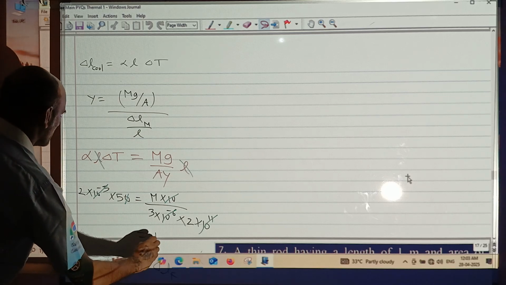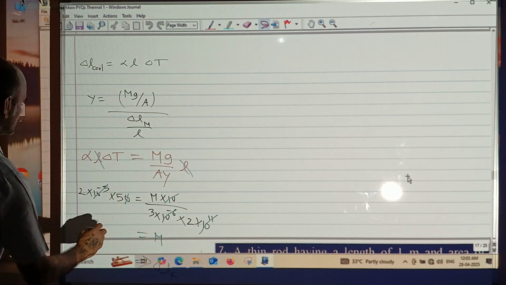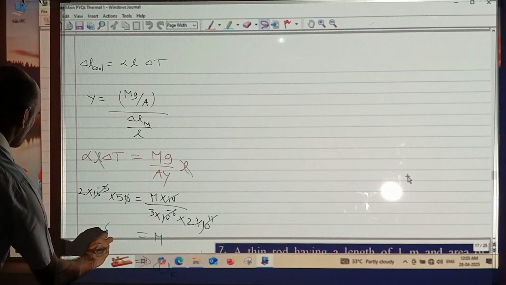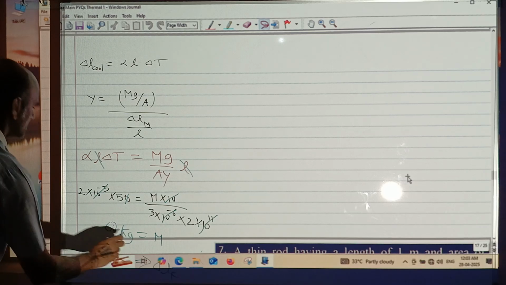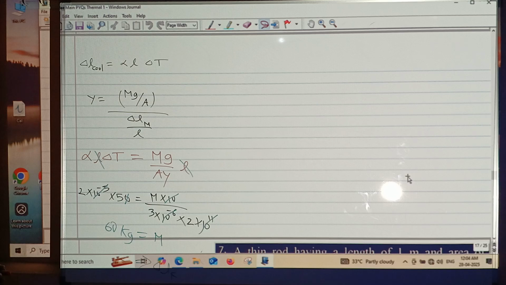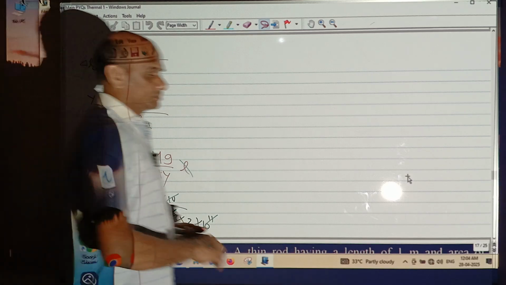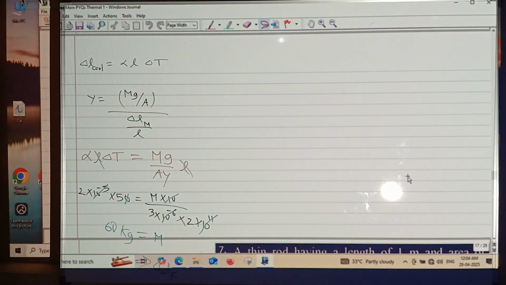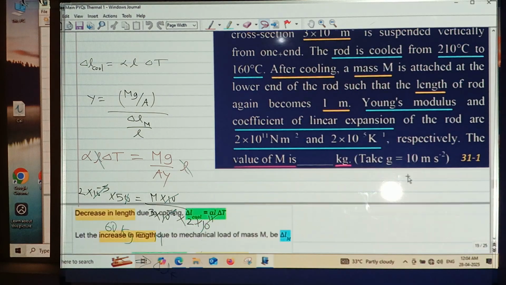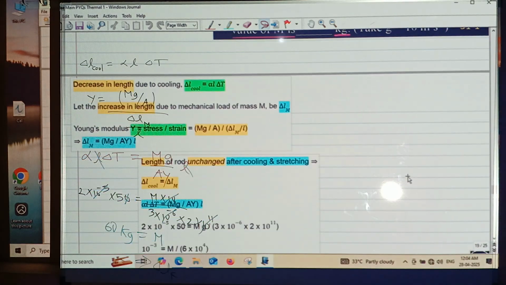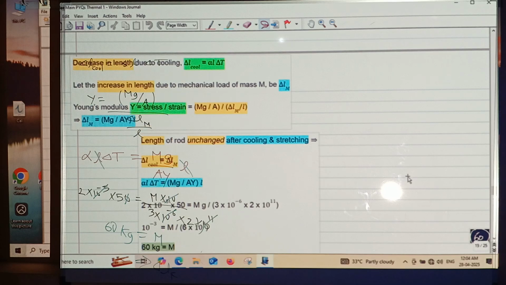So M will come out to be 3 into 6, 3 into 2 is 6, and then 2 into 5 is 10. So 60 SI units, so kg. This is a simple calculation which you should be able to do. Sixty is the correct answer.